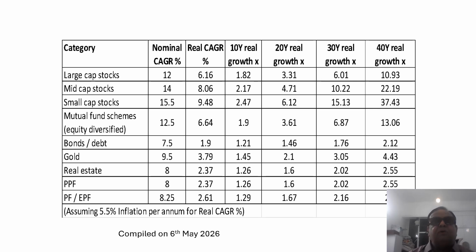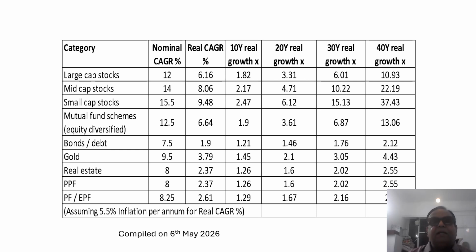As you can see here, nominal CAGR means the inflation rate has not been adjusted, because what we expect from our investment is an inflation-adjusted return. Try to understand what I'm saying. The nominal return is not after adjusting for the inflation rate, which is really killing your return.